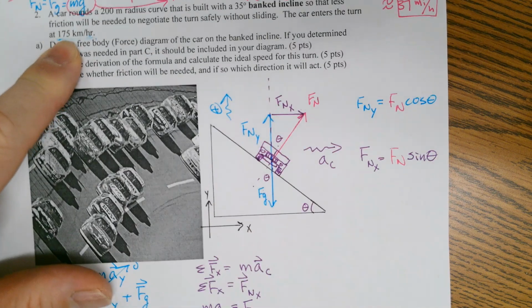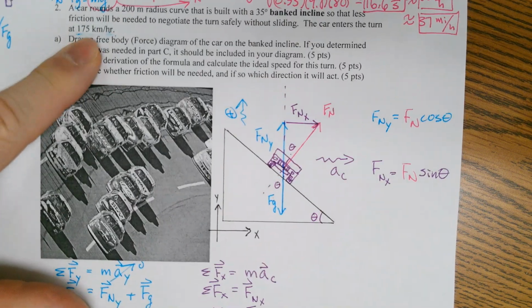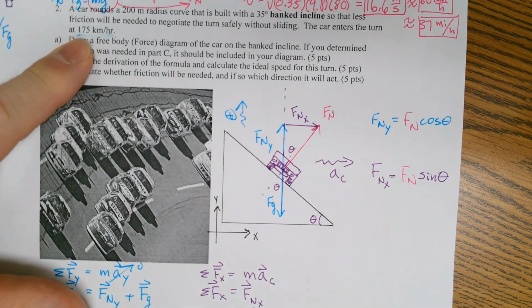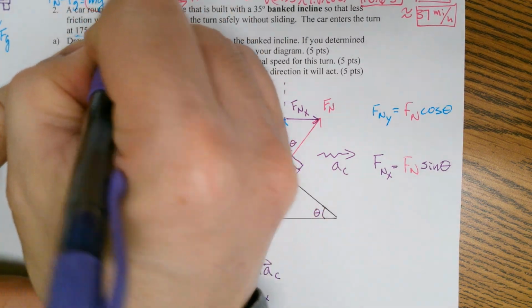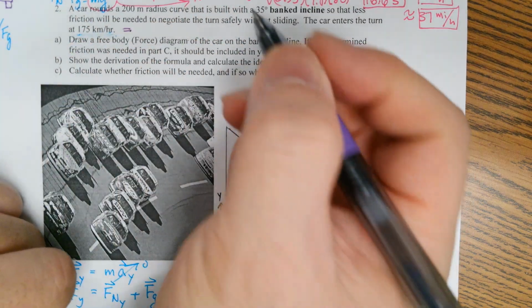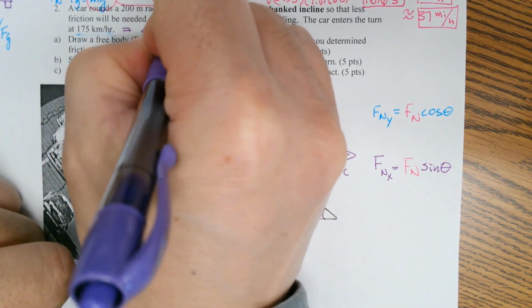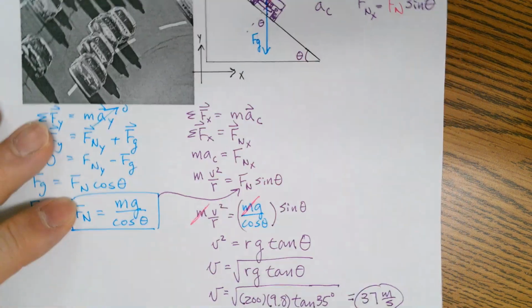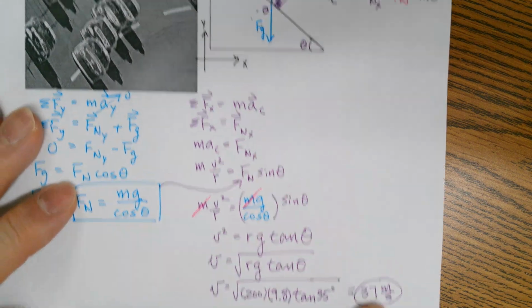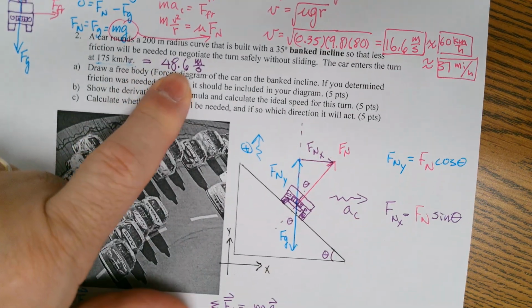Well, 37 meters per second and 175 kilometers per hour. What is this in meters per second? If you work this out, 175 kilometers per hour is actually 48.6 meters per second. So this is the safe speed, but the car is actually traveling at this speed.